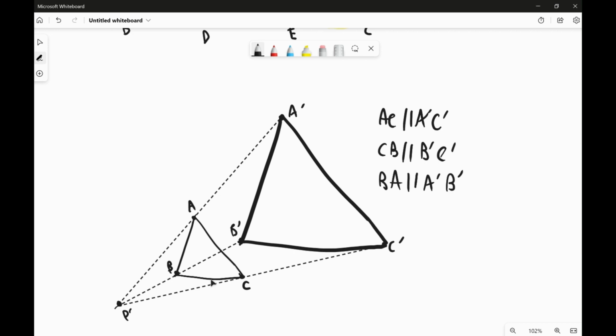So it maps this segment here to this segment here. However, since we have the same angle here, here, and here, and the same ratio of lengths by similar triangles, we have that P prime maps A to A prime as well. So that means that P prime must lie on AA prime, as we needed.